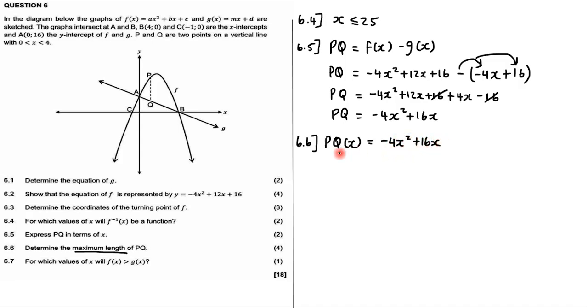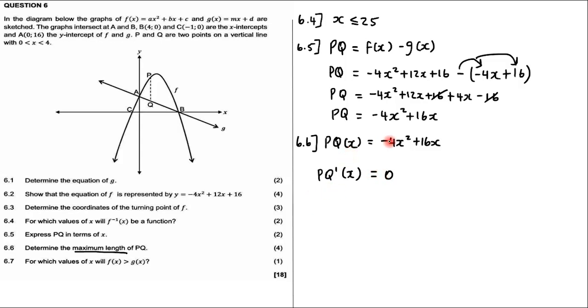Now to get the maximum, remember, maximum is exactly the same as a turning point. So first I'm going to calculate the x-coordinate of the turning point, but of which graph? Of the PQ graph, right?